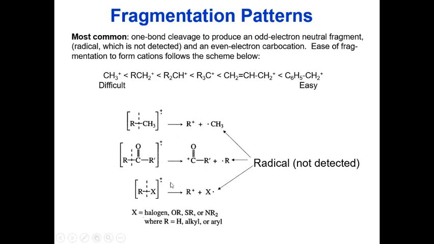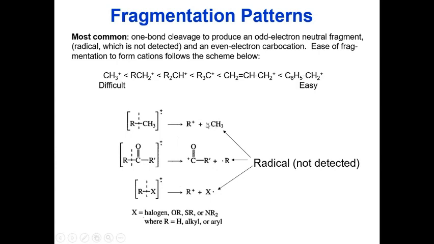Based on this, we will get a cation. Suppose there is fragmentation between the alkyl group and the methyl group. We will get a cation, and we will get a radical. These radicals will not be detected in the mass spectrometer, because they are neutral molecules and we cannot identify them.